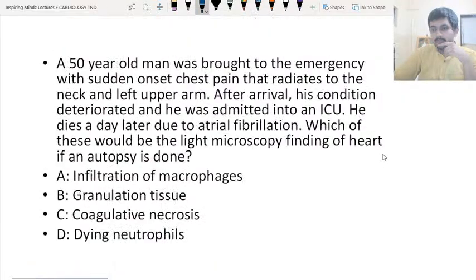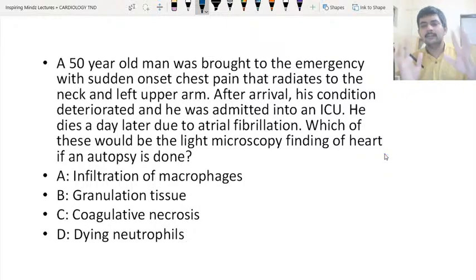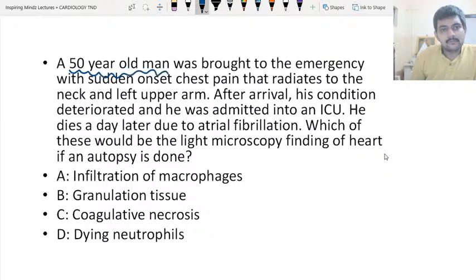Okay, great. Fine. Next. So the next question is again a clinical case. Looks a bit tough, but it is really easy. Mind me, it's really easy. You have a 50-year-old man who was brought with sudden onset chest pain radiating to the left upper arm and the neck.